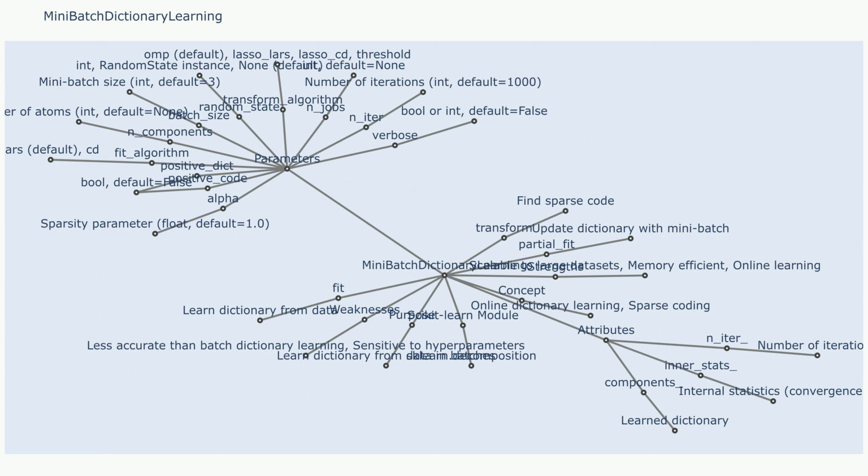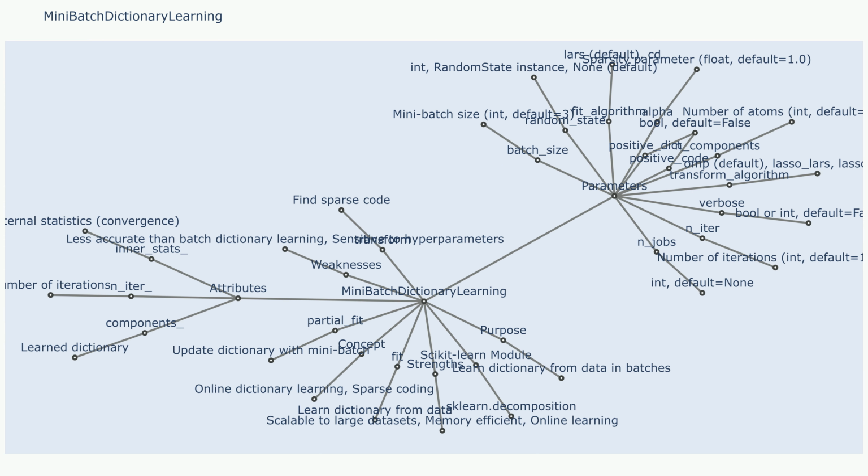Signal denoising. Sparse coding can be used to remove noise from signals by exploiting the sparsity of the underlying signal. Anomaly detection. Unusual data points often have sparse representations under a learned dictionary, making sparse coding useful for anomaly detection.